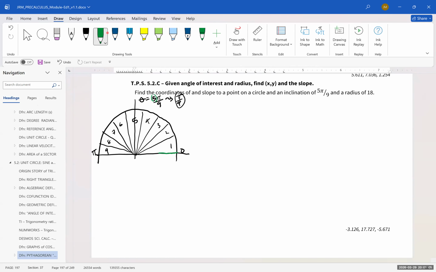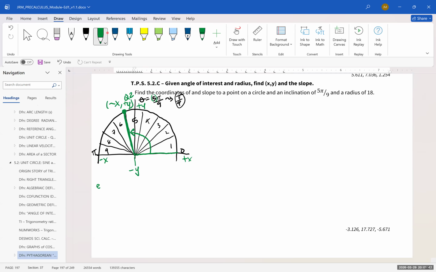So our angle is going to be right up here. This is our angle of interest. It's in quadrant 2. So in quadrant 2, we need to expect that our x value will be negative, but our y value will be positive, because over here we have positive x, here we've got negative x, up here we've got positive y, and down here we've got negative y.